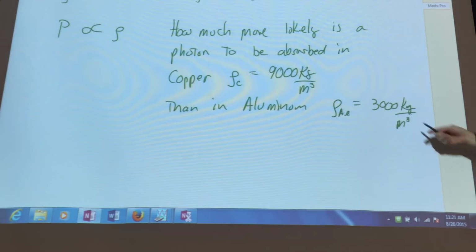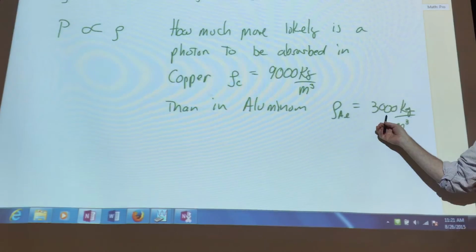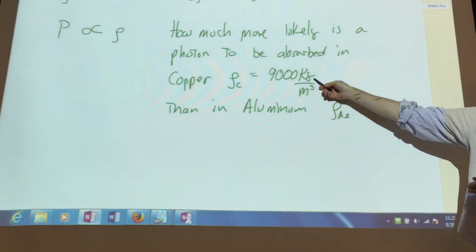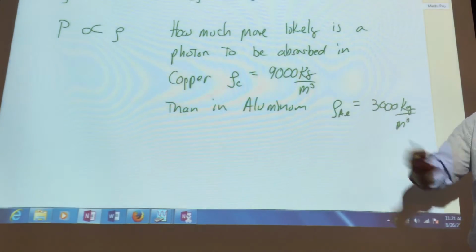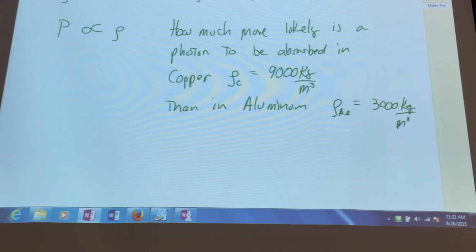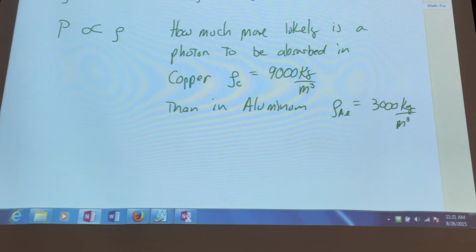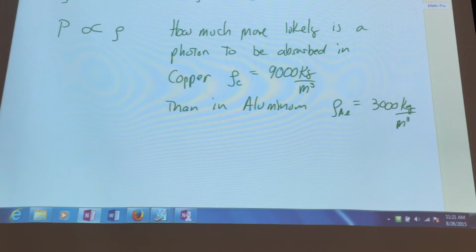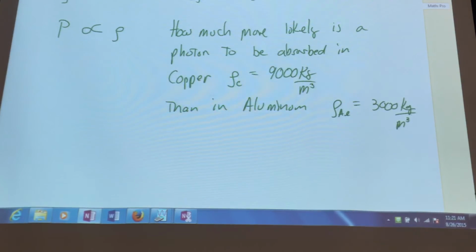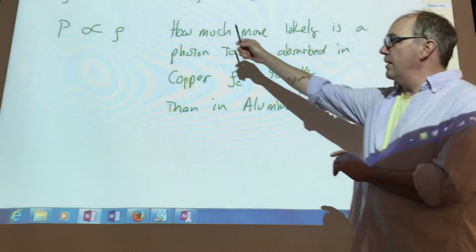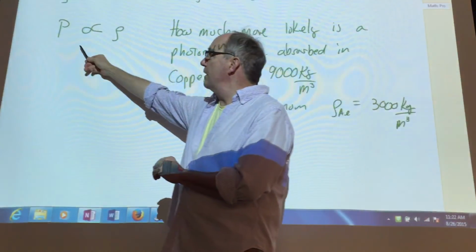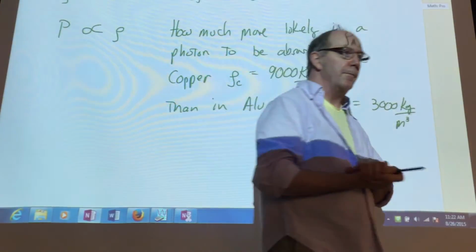All right, so in the case of our aluminum, it's less dense than copper. This happens to be around 3,000 kilograms per meter cubed. Copper is about 9,000 kilograms per meter cubed. Let's see if we can answer the question, how much more likely is a photon to be absorbed in copper than aluminum, knowing that photon absorption is proportional to the density?